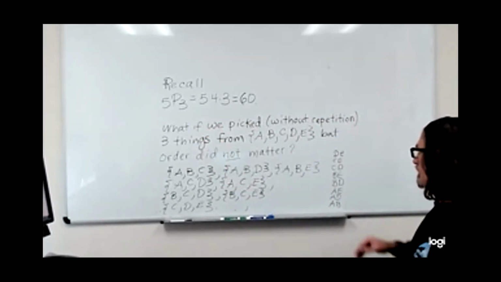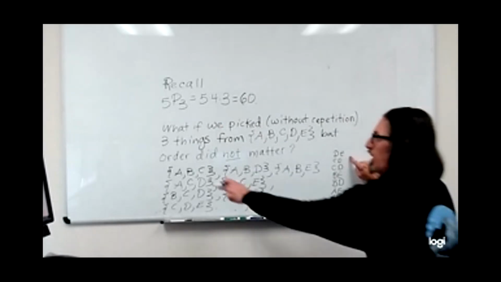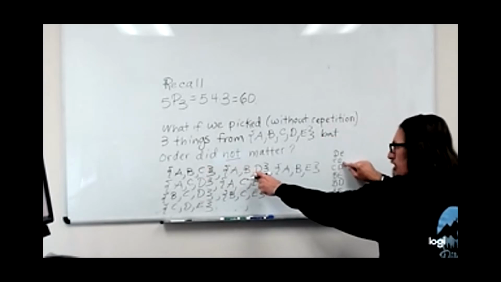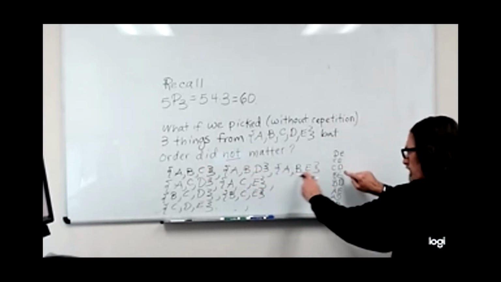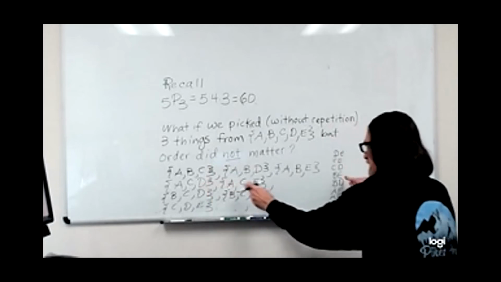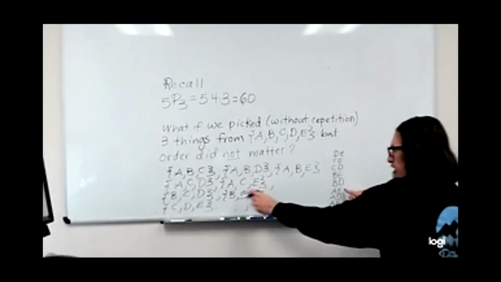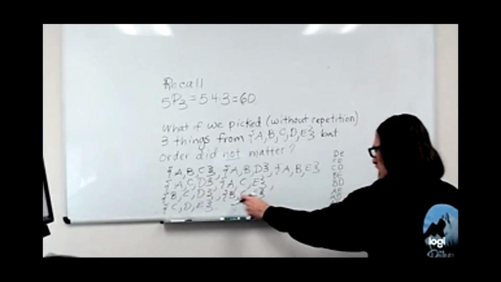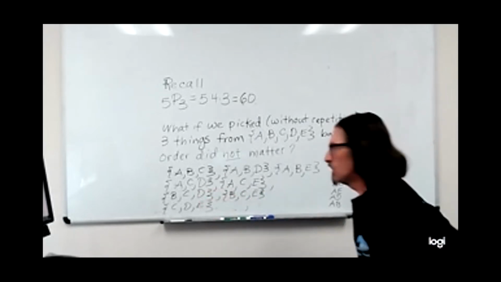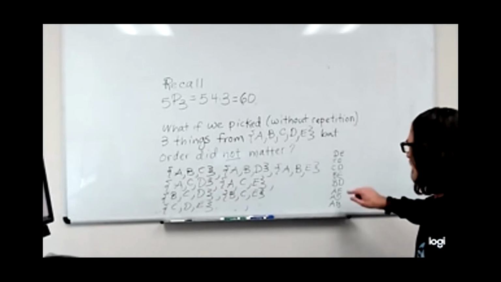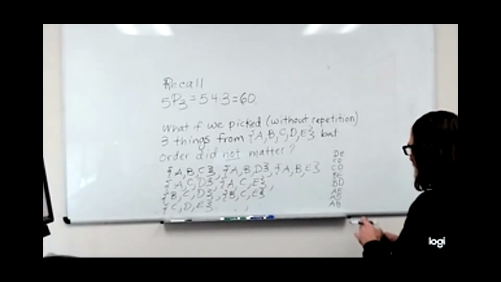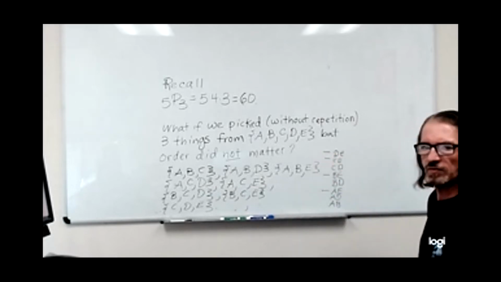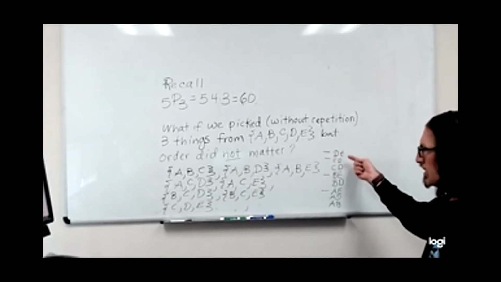So here I left out D and E. Here I left out C and E, C and D, B and E, B and D, A and E, A and D, A and B. So when I look at this, I see these 4 are all the ways I could leave out E and somebody else.